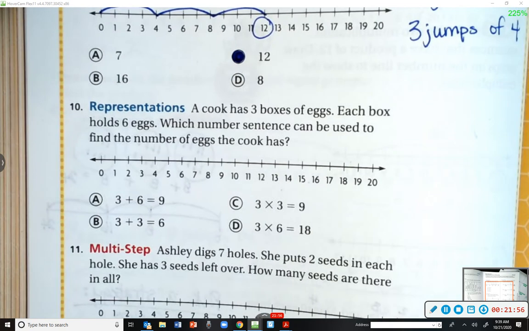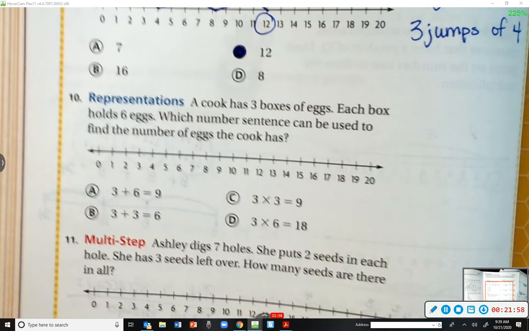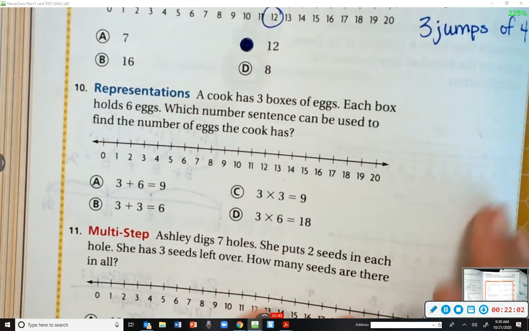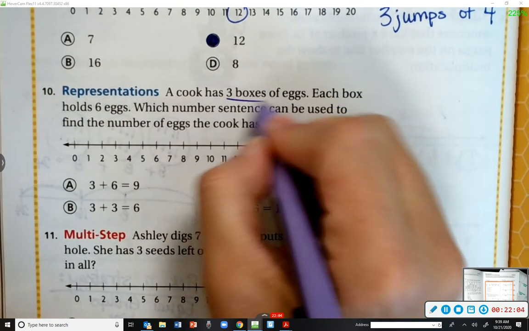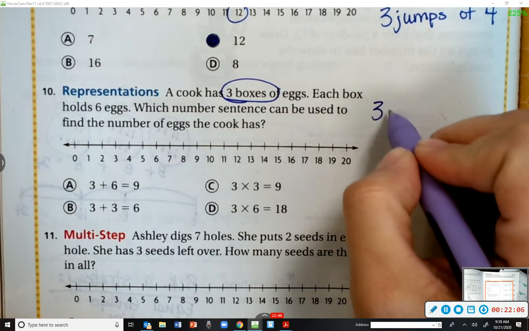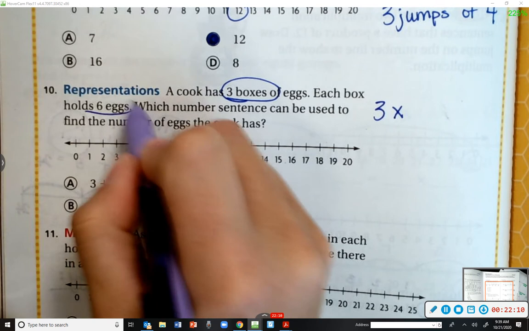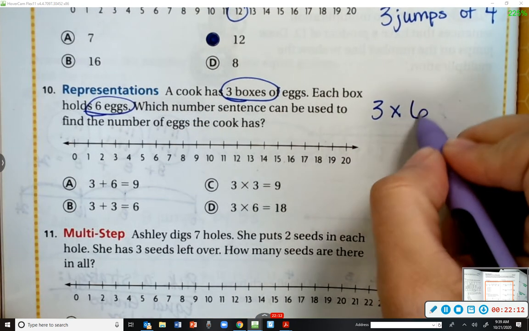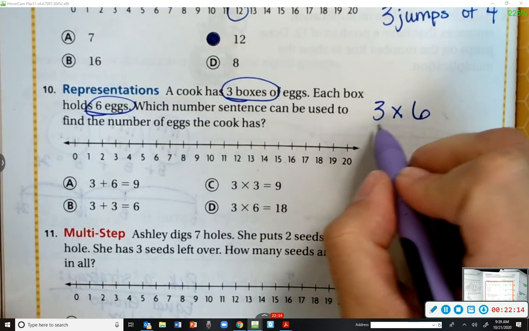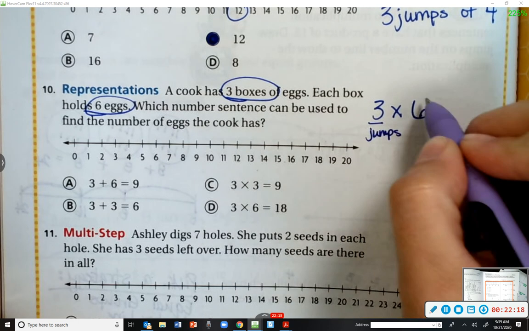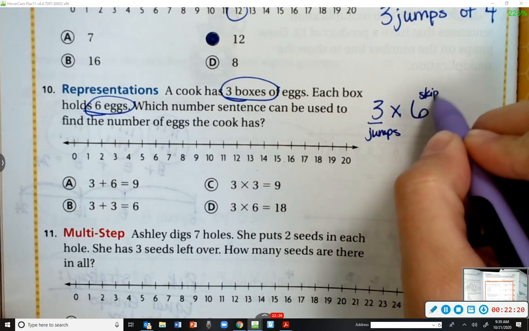Okay, the next one. A cook has 3 boxes of eggs. Each box holds 6 eggs. So that's my equal groups. 3 boxes, so that's 3 groups, and each box holds 6. 3 groups of 6. So that means I'm going to have 3 jumps, and we're going to skip by 6.